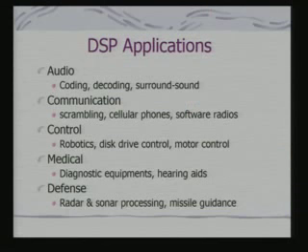Robots, any kind of robot, are examples of embedded systems. Even your disk drive control needs to do some kind of signal processing, because it is sensing the position of the head in the disk to get the data correctly. So, that is also an example of an embedded system, because that is not doing general purpose computing. In the field of medical diagnosis, these diagnosis equipments are obviously processing a variety of signals obtained from biomedical sensors.